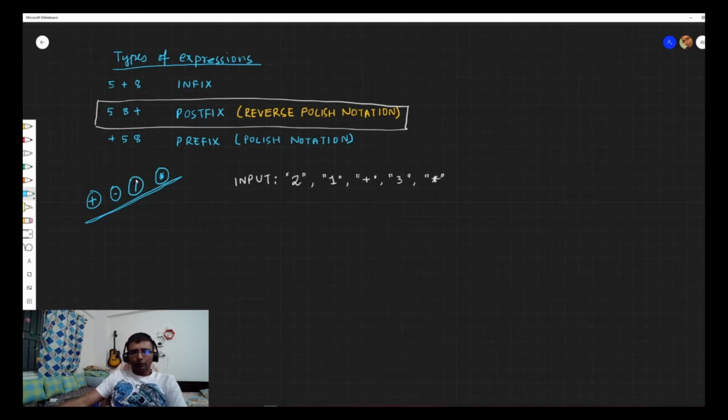So how we are going to do this is we are going to use a stack, and we'll show you how the stack will help us over here. As you know, a stack is a LIFO data structure: last in, first out. So the last element to go in comes out first, right?